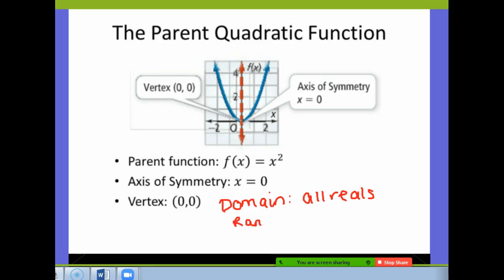And our range relates to our vertex's k value. So in this case, the range is greater than or equal to 0. If my graph was reflected, it would be less than or equal to. And that's what we're going to talk about next.